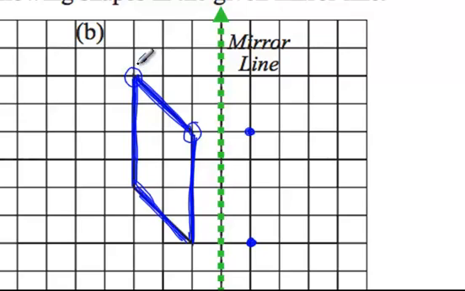Let's look at this point right here. It is 1, 2, 3 away from the mirror line. We will move 1, 2, 3 away from the mirror line. This one here is 1, 2, 3 away from the mirror line. We'll reflect 1, 2, 3 over here. So you can see that this shape will produce a reflected shape that looks like this in that green vertical mirror line.